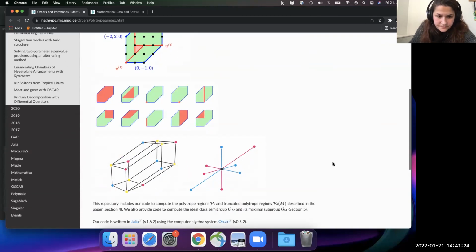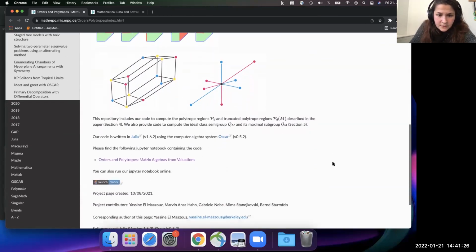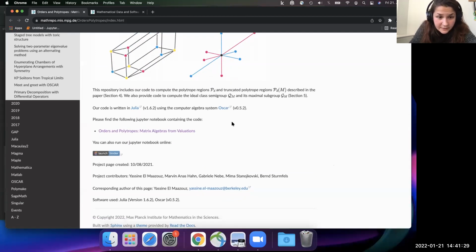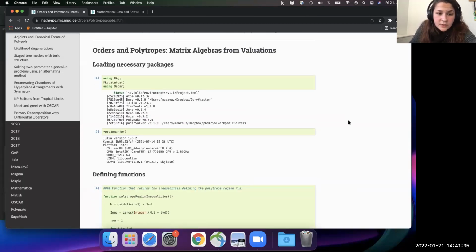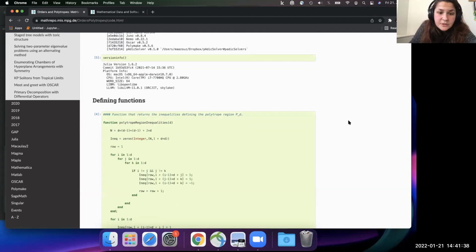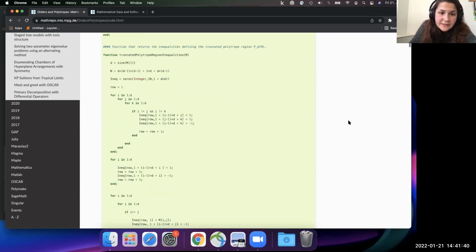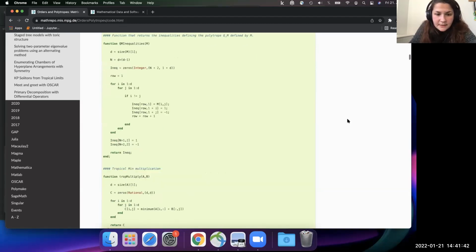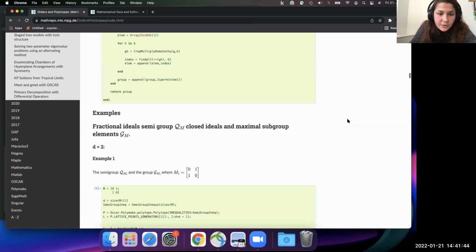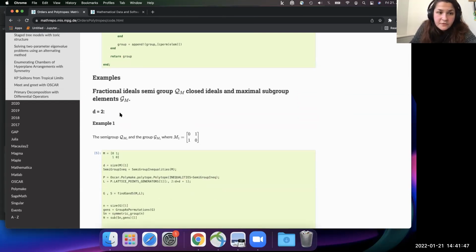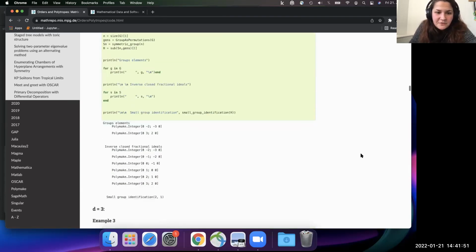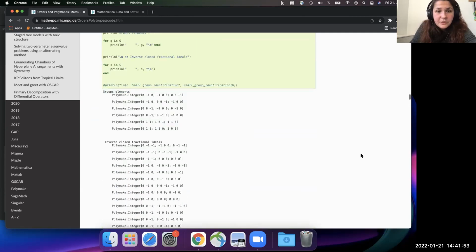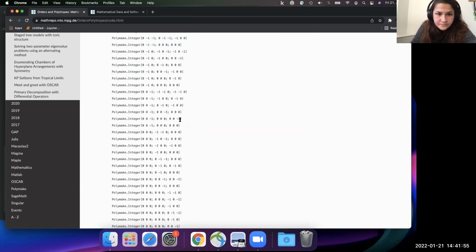And at the end here, if you click, now I have to remember where it is. Oh, here's the notebook. Then you will find the code that was used, for example, to compute the polytrope regions, so the facets, the vertices, etc., but also to compute the isomorphism types of the ideal class groups. So if you found it interesting, if you want to try yourself, here you can find a starting point.